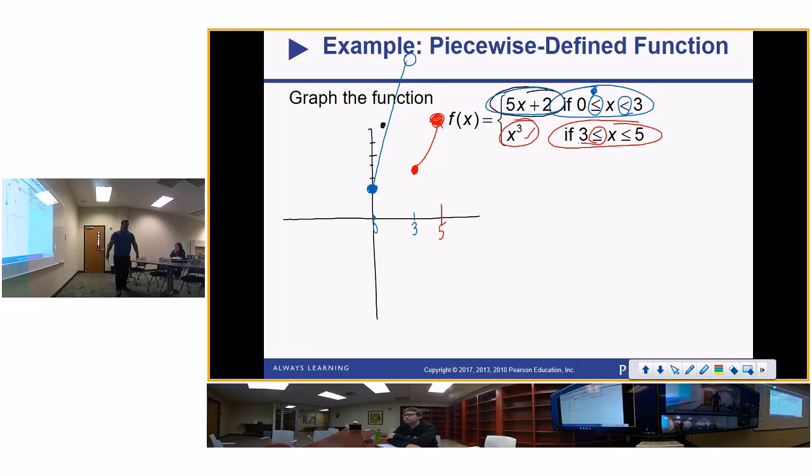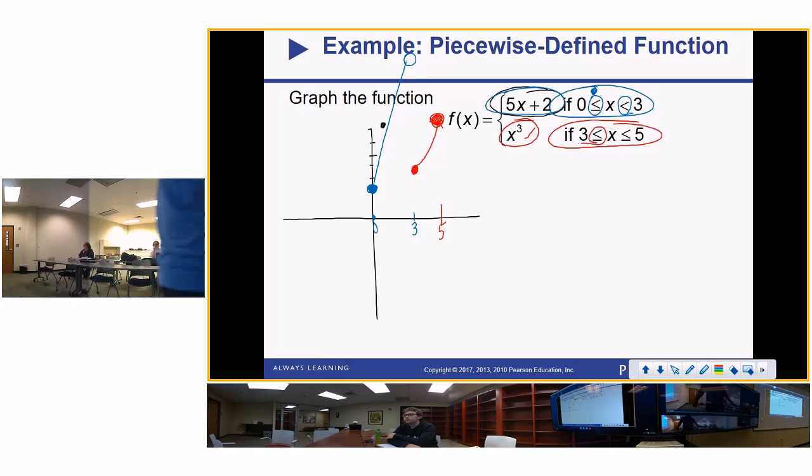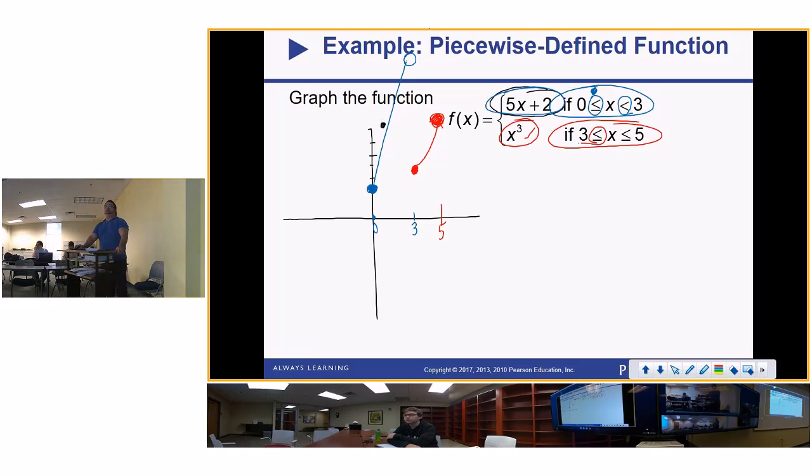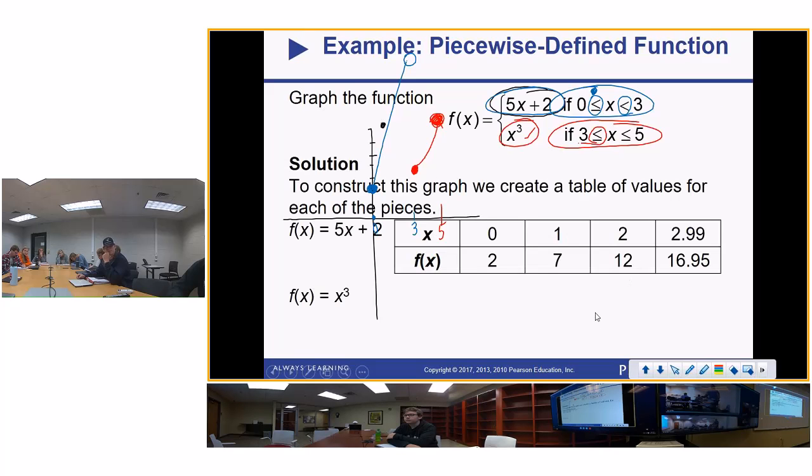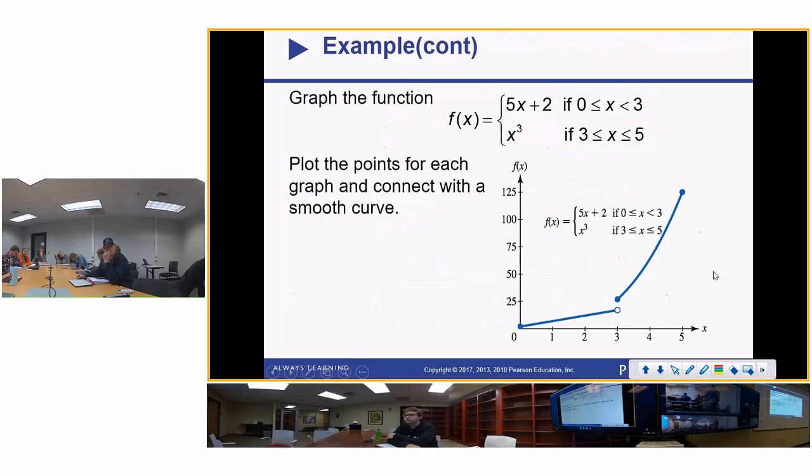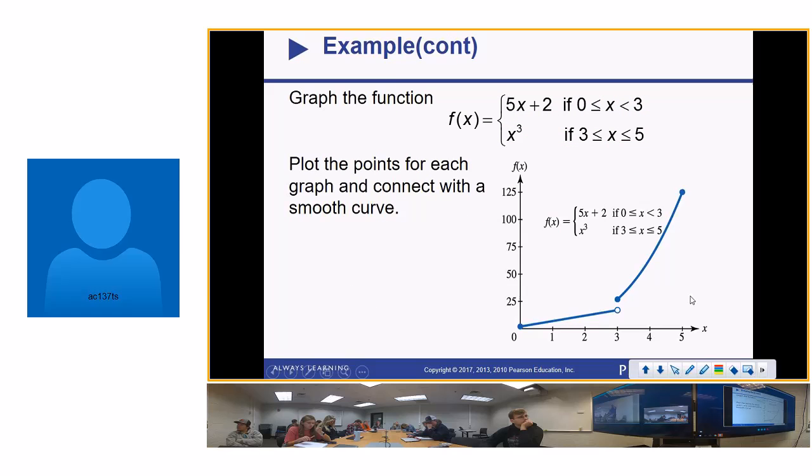Now, of course, if you have a piece of graph paper, this makes it a whole lot easier. I'm just sketching it. And that's what you should be able to do, is sketch it. There it is.